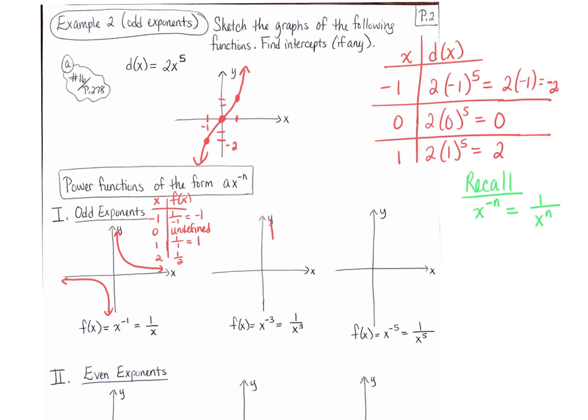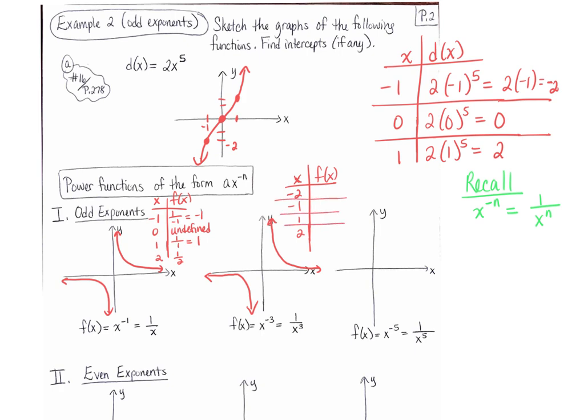This is our graph, and we're just sketching. If you want to plot points, you can. You might want -2, -1, 1, and 2, because we know that we cannot have 0.